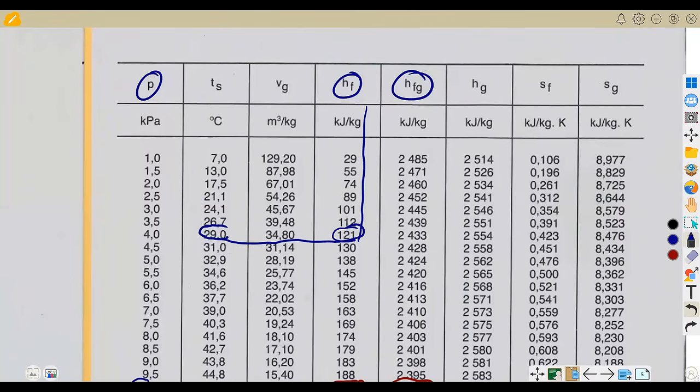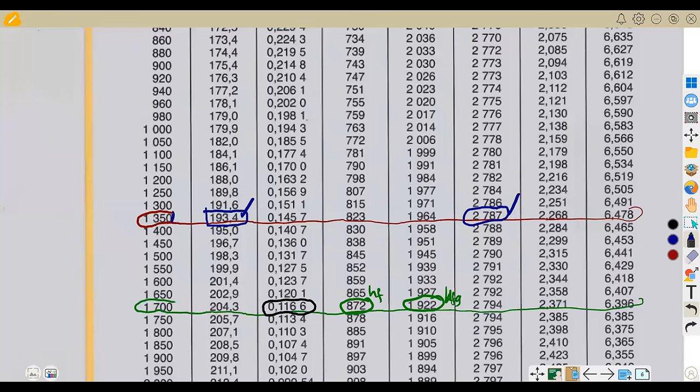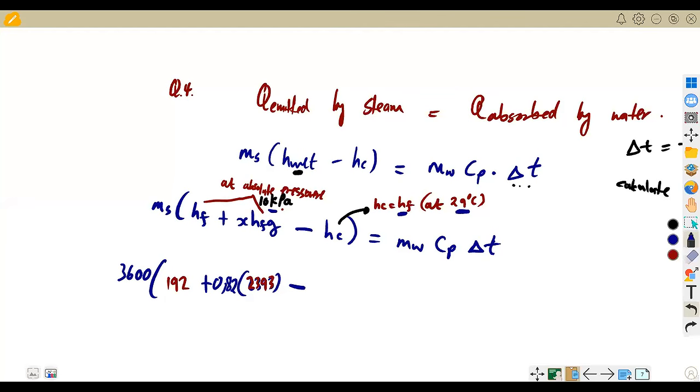So you're going to use 121 in place of HF. That's our HC, at the temperature that you are given. So it's going to be 121.